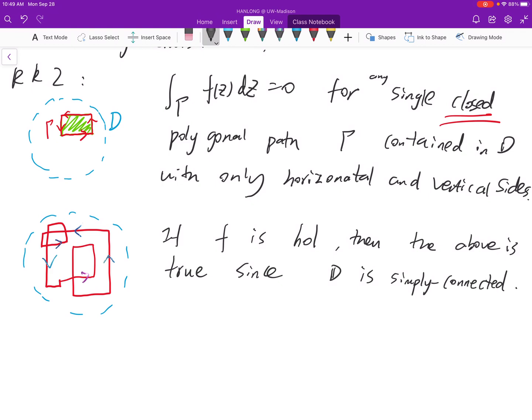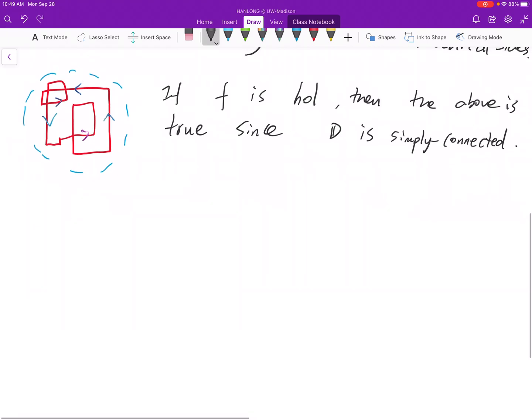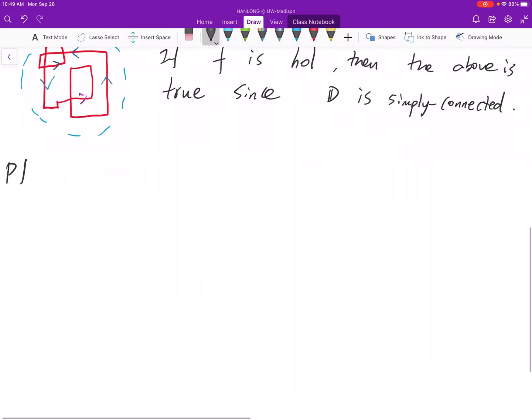We proved that before. Okay, now let's prove Morera's theorem.